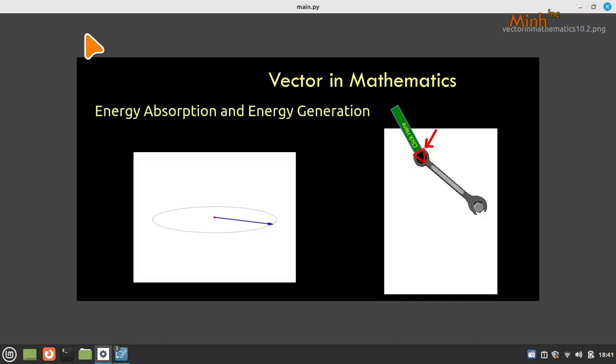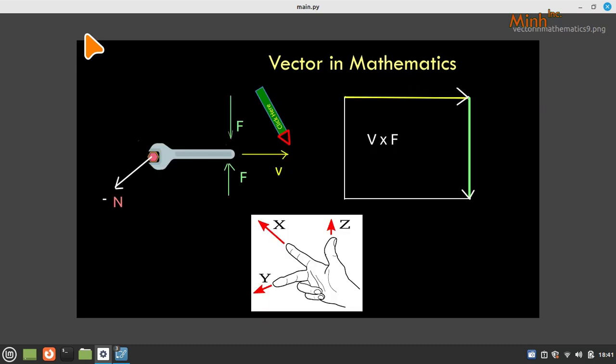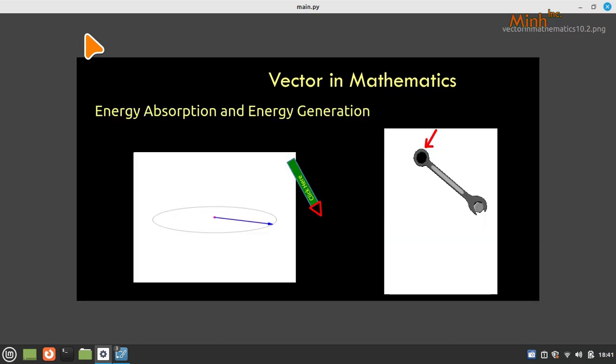Now here, this is the same story. There is a rule of conversion, like the way we talked about in which direction the normal would point. Whatever energy we are pushing here, finally that energy goes in the normal, perpendicular to the surface, and is used in that direction to tighten the bolt or to loosen the bolt.